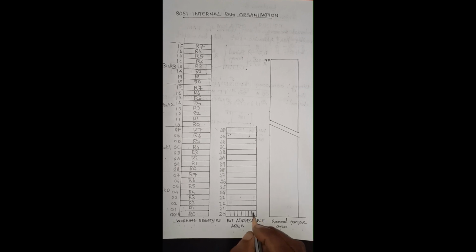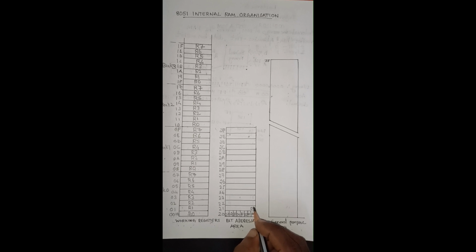This is given the address 00H. This is given the address 01H. Like this, the 8-bit address is given: 01, then 02, 03, 04, 05, 06, 07. Then here 08 for this location.